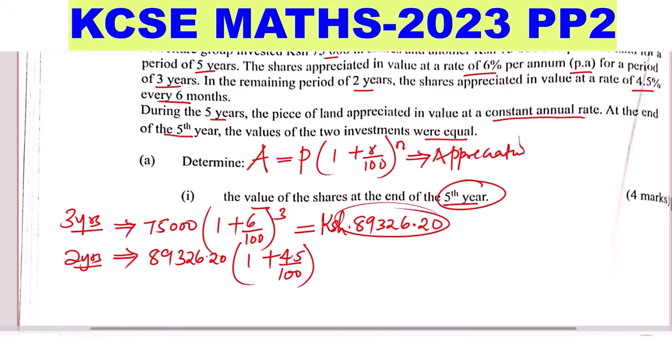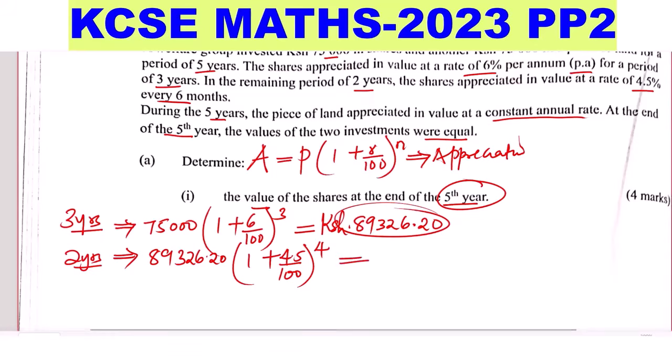In 1 year we will have 2 periods of appreciation because it is after every 6 months. So for 2 years we shall have 4 periods. So n, the number of periods, is 4. That is very important to note.